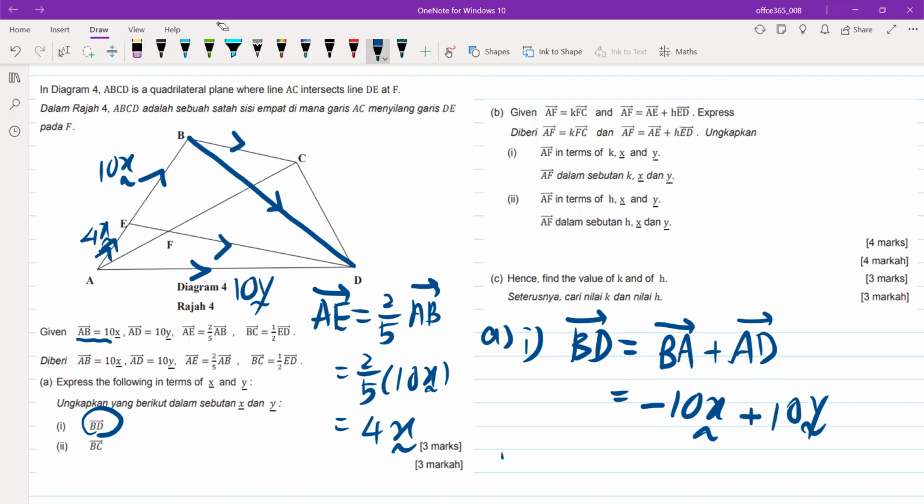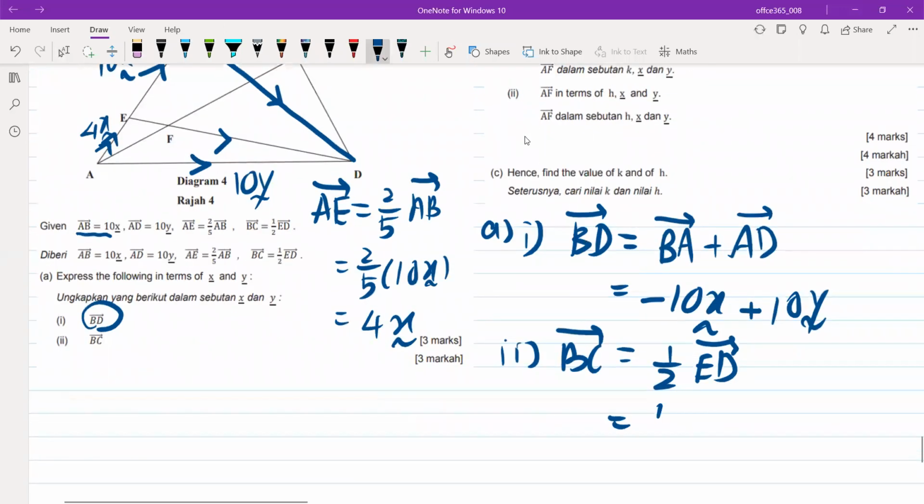Okay? Then part two, BC. You can find it easily because you have BD, and it is related to ED. So you can find ED also because BC is half ED. So half ED, and ED can be related to EA plus AD.